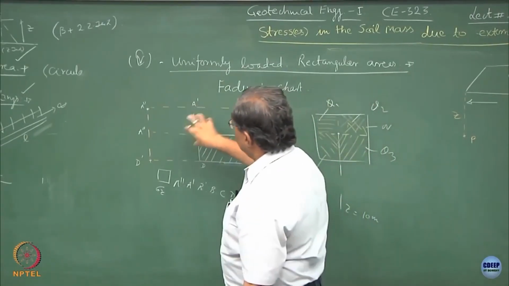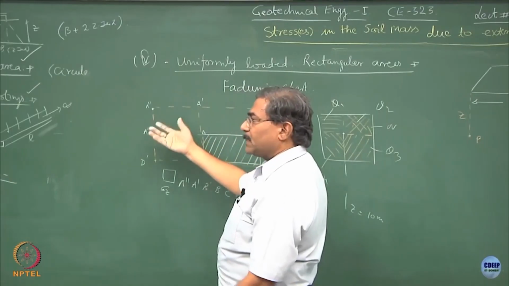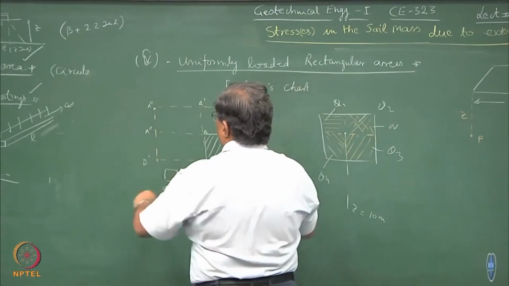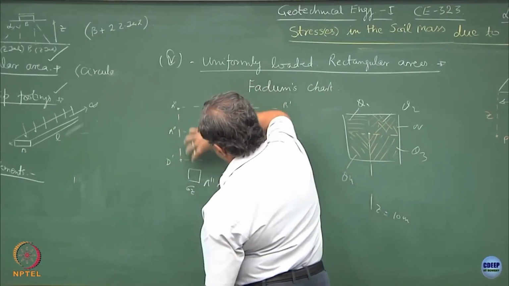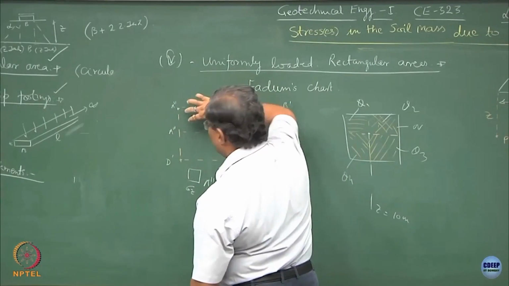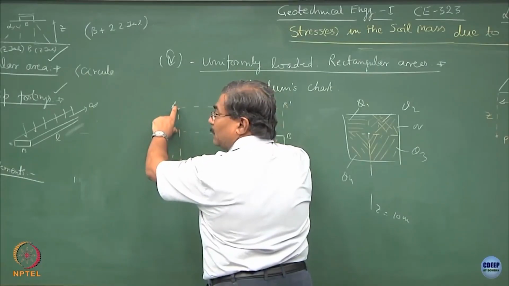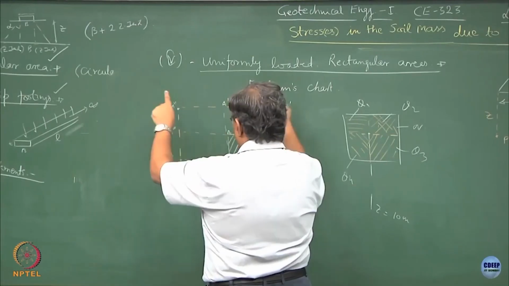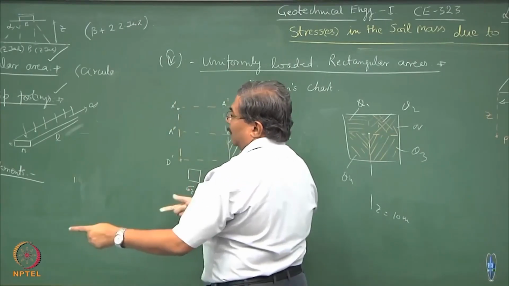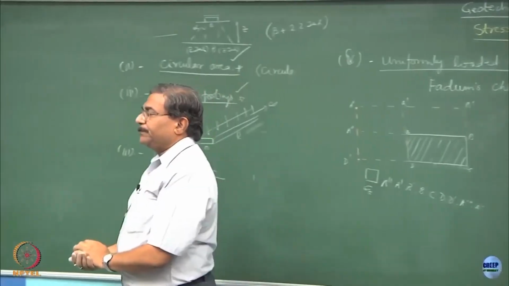So, this portion is not contributing, and hence I can subtract the stresses which are going to come because of this strip, and this strip has come 2 times. So, add once, clear, and then you have the bigger one, apply the correction.